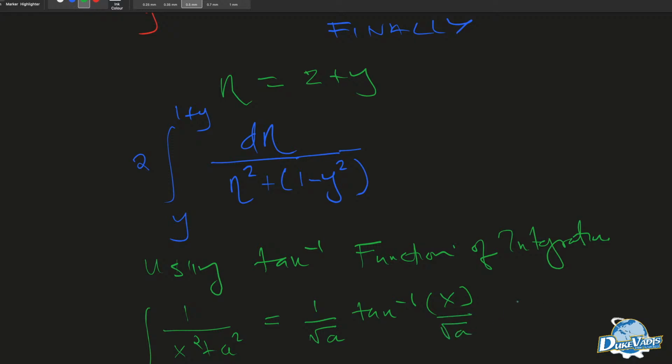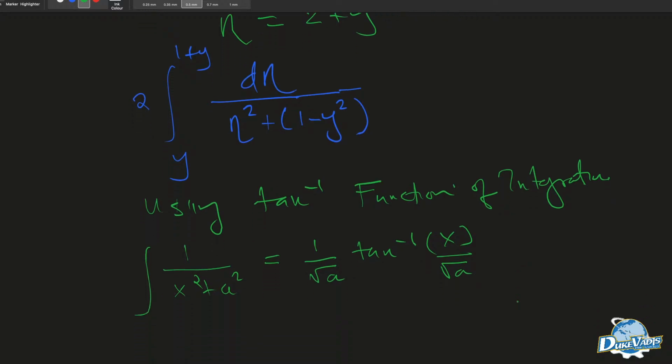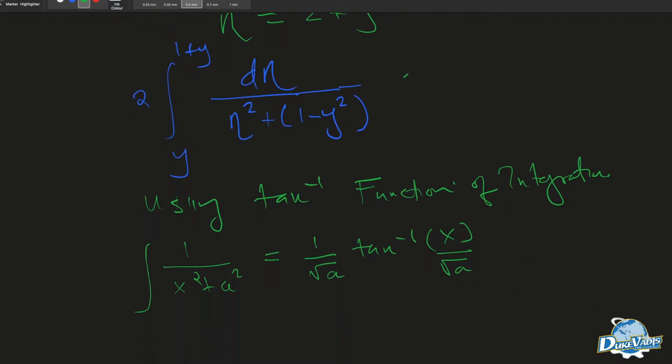So if that is the case, then we can integrate this with this knowledge at hand.